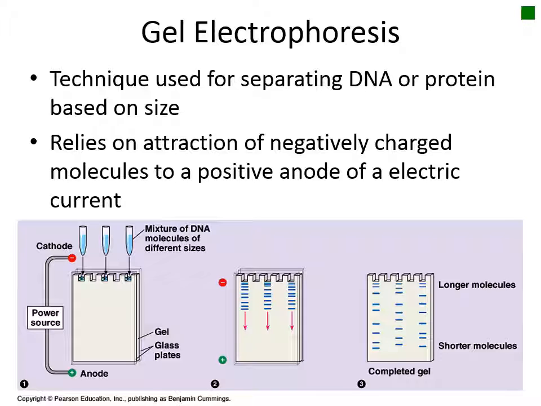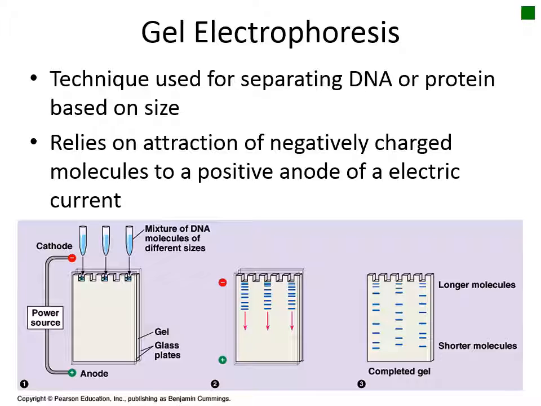This gel has pores in it, which small molecules can easily fit through, but larger molecules cannot. When an electrical current is applied, a negative charge is added near the wells with a positive charge towards the bottom of the gel. The negatively charged proteins and DNA will then travel towards the oppositely charged pole, with the smaller ones moving faster through the pores than the larger molecules.